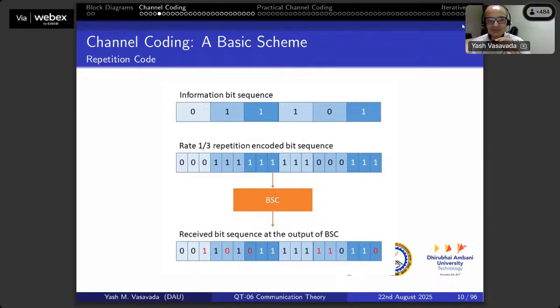What do you think we should do if something like this, the 5th example, where 2 bits got corrupted out of 3, is likely to happen more frequently? Then what can we do?